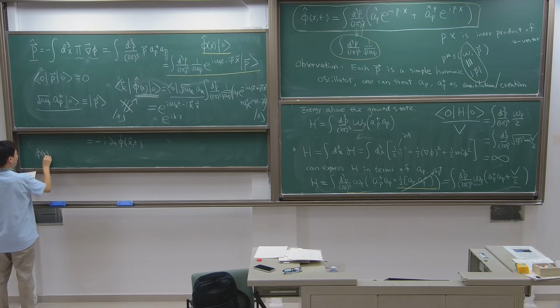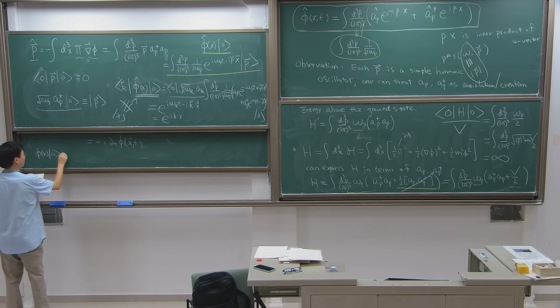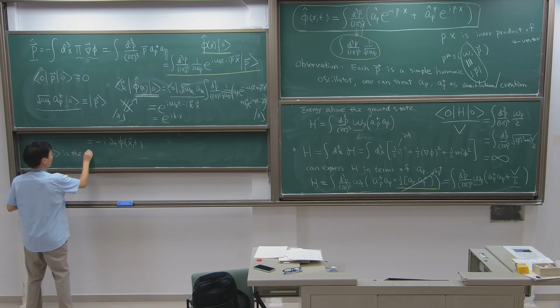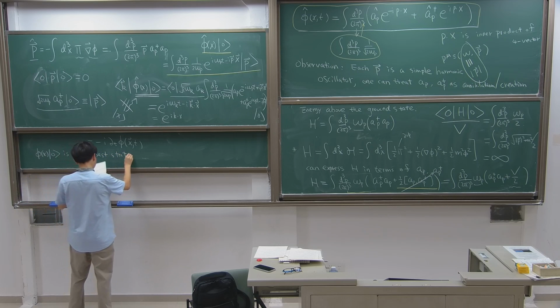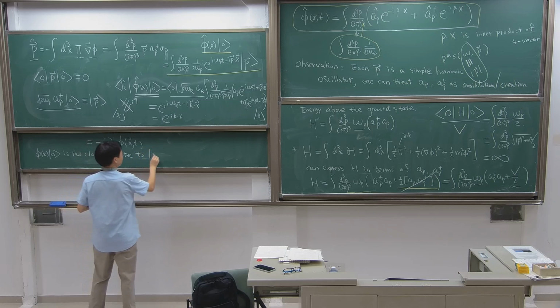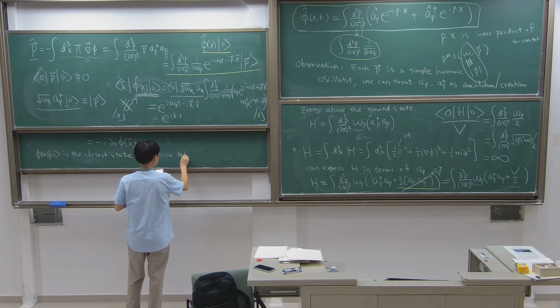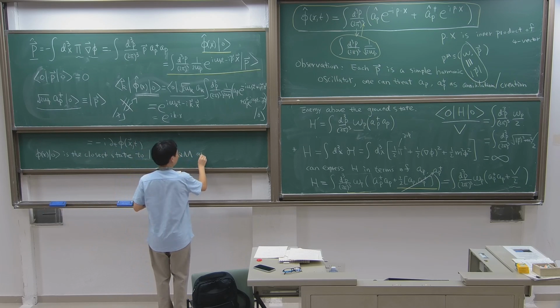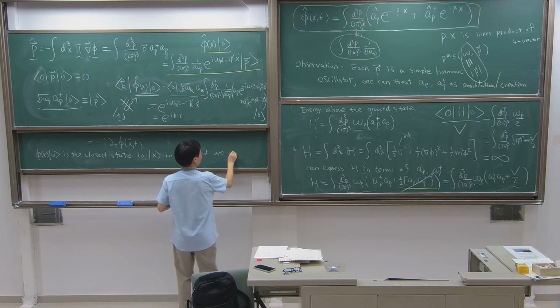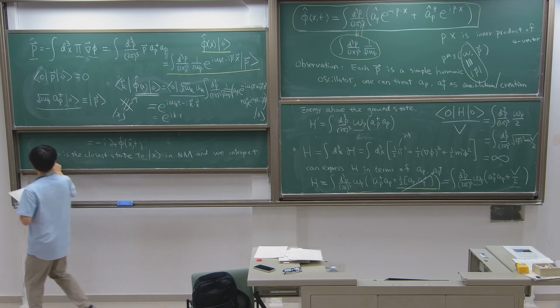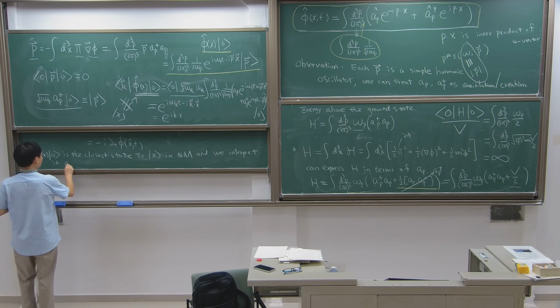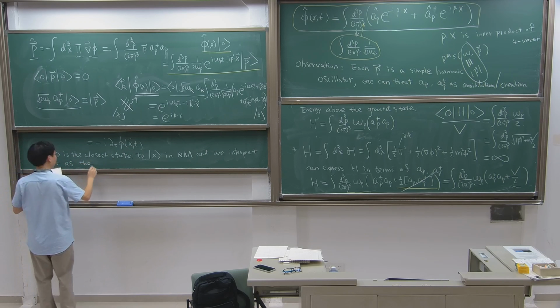So what I want to clarify is this is the closest state to the x state in quantum mechanics, and we interpret it as the excitation.